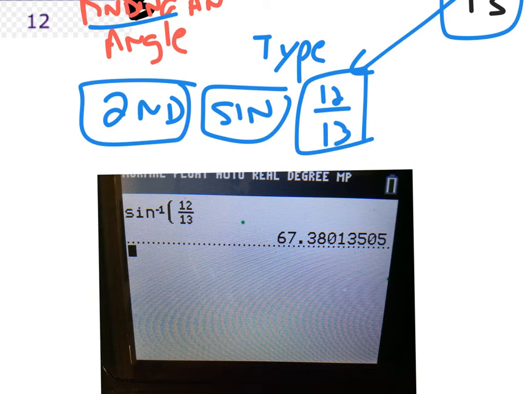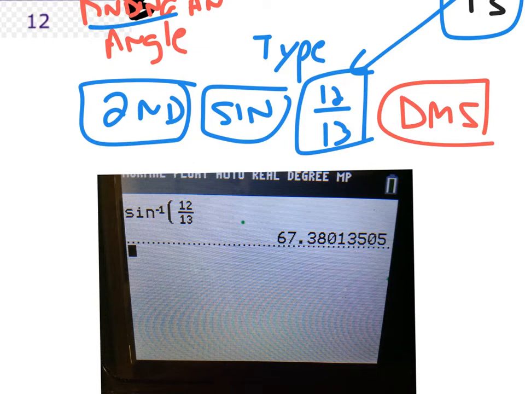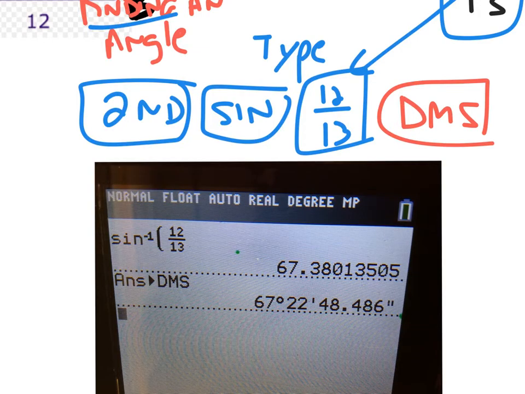But since you're finding an angle, you always have to remember to DMS your answer. So I'm going to go to second apps and option 4 for DMS. Here you get 67 degrees, 22 minutes, 48.486 seconds. We have to always find angles to the nearest minute. So we're going to look at our seconds, and the rule says if it's 30 or above, you round up.